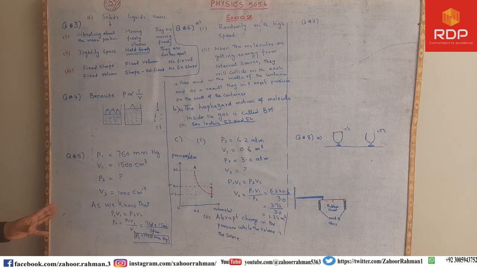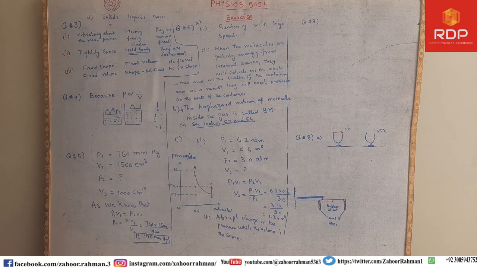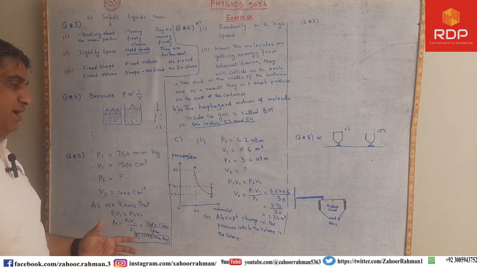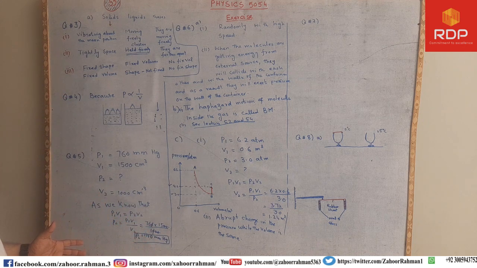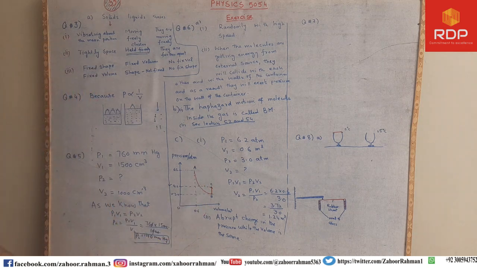Ladies and gentlemen, at the A level and at the graduate level, you will find there are four methods. One is called isobaric, isochoric, and adiabatic process. There is one process in which the volume is kept constant and there is a change in the pressure.